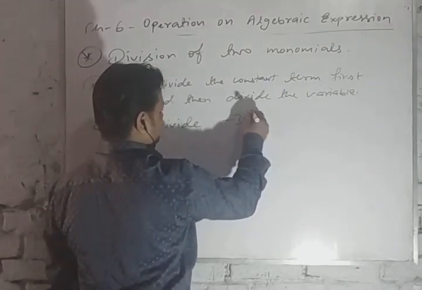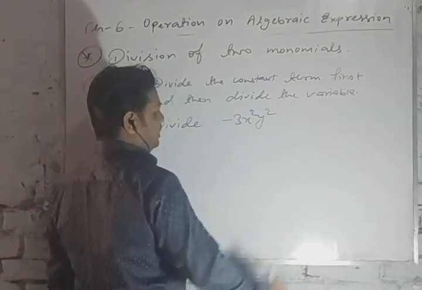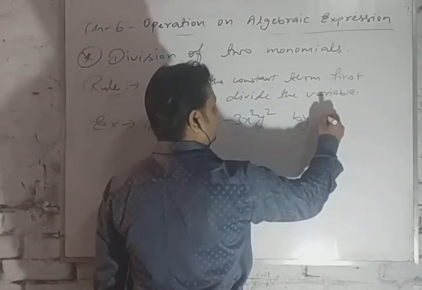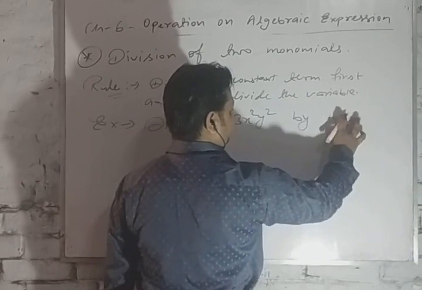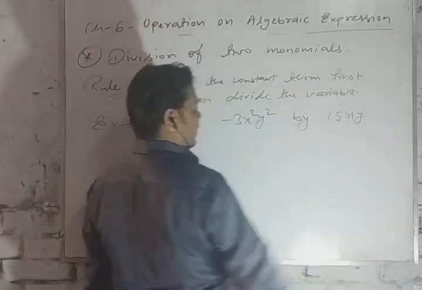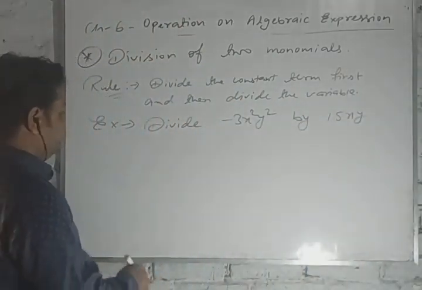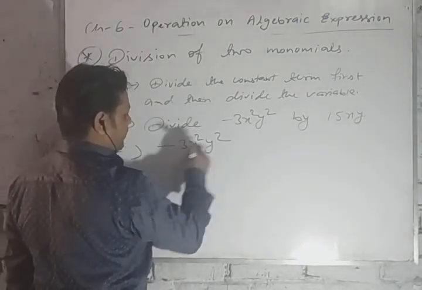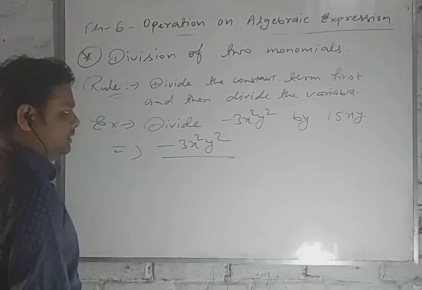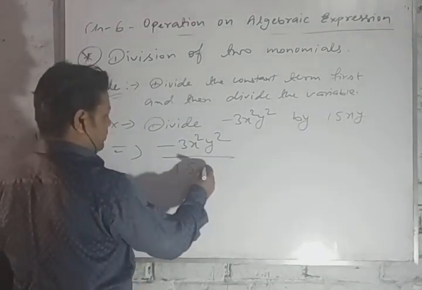divide minus 3x square y square by 15x. Okay, so directly we will write minus 3x square y square by 15x.